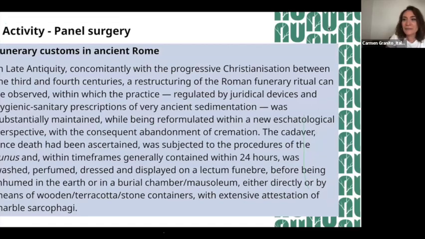Okay, so for this last part, let's do a little exercise. This is an extract, sort of the first panel I showed you. Take, let's say, 7 minutes, and we will see how we do, to reformulate at least the first part of this paragraph. You can take your notes, and then you can share some ideas in the chat.